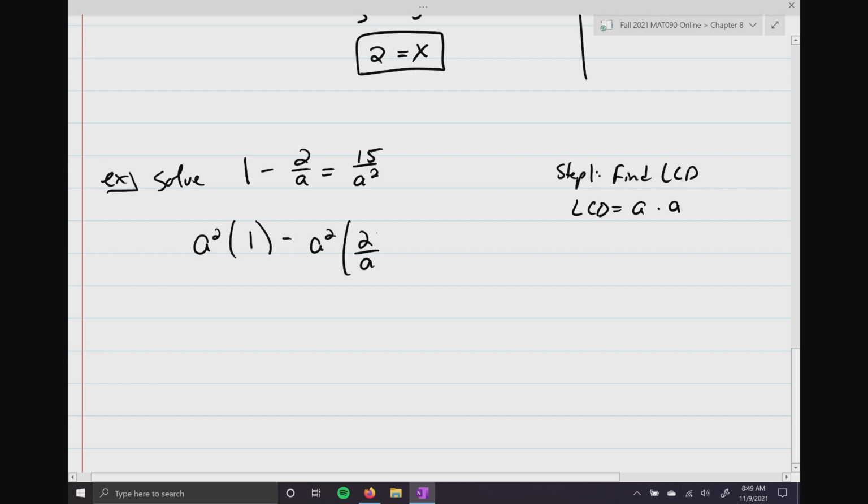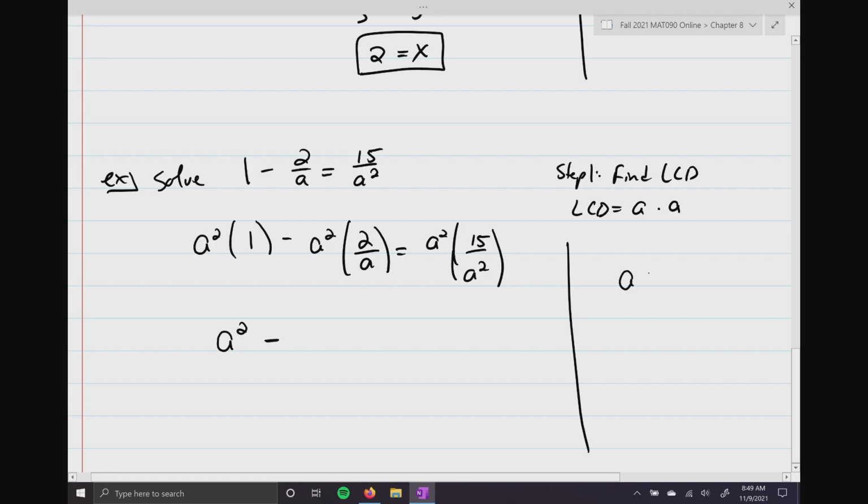So I'm just going to write it out here. Now, going from left to right, I get a to the second times 1 is a to the second minus, now a to the second times 2 over a. You got to remember, and I'm going to write it off to the right-hand side here.